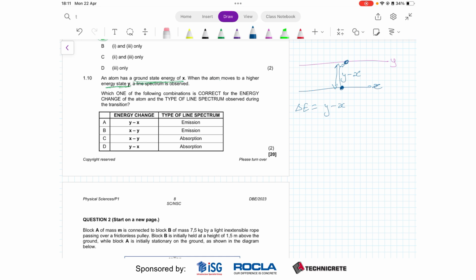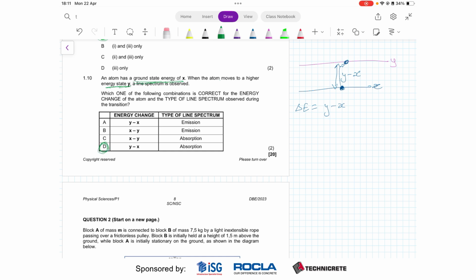Now, when an atom is moving from a lower energy state to a higher energy state, it usually means that this atom has gained energy, right? So if it's gained energy, it means that it has absorbed some energy, okay? So this would then be absorption.